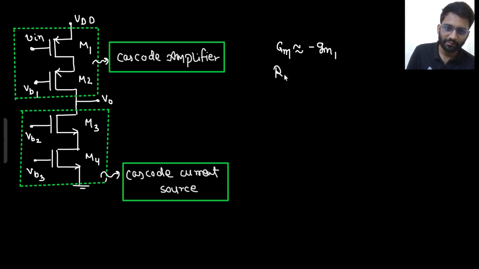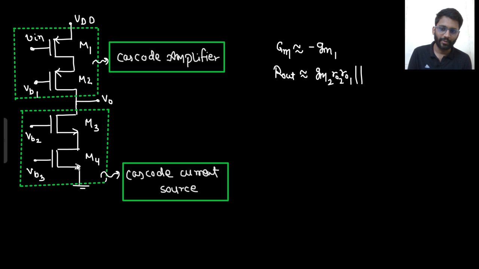What is R out? From here, what do you see? From here to here, what do you see? GM2 R02 R01, because this will be replaced with R01 only. So GM2 R02 R01, in parallel with what will happen to this one? This will be replaced with R04. So that will be GM3 R03 R04.